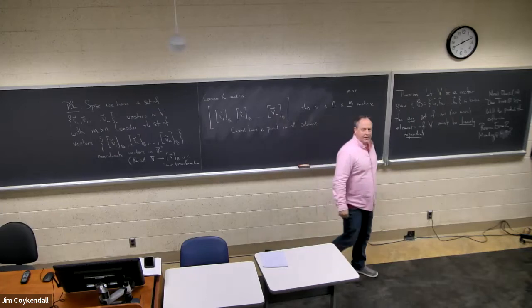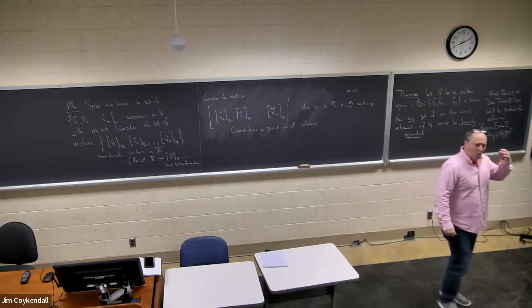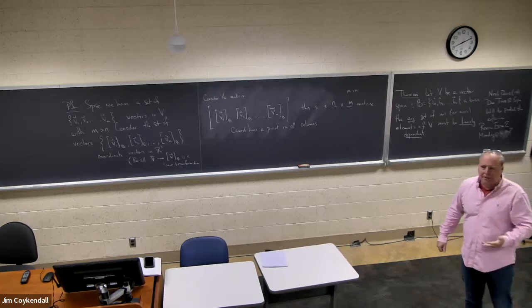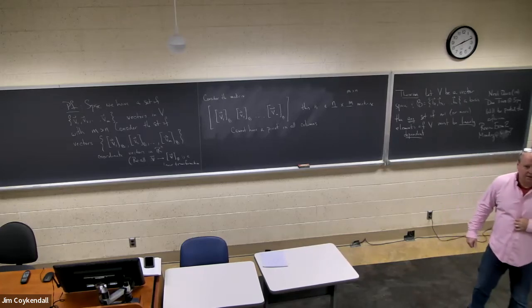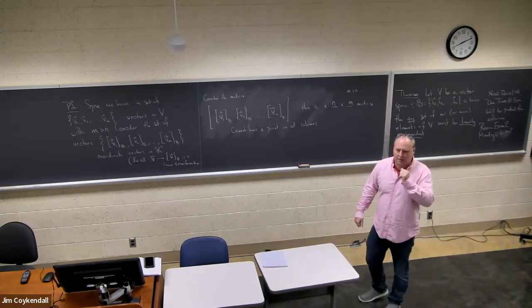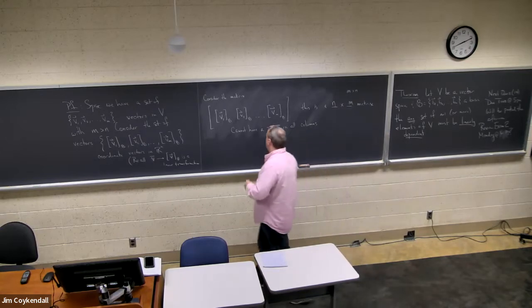Because it's just too many. So what does that allow me to say about the columns? The columns must be linearly dependent, correct? So let's see what that means.